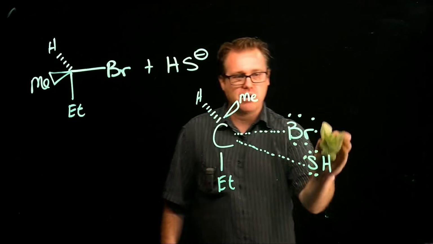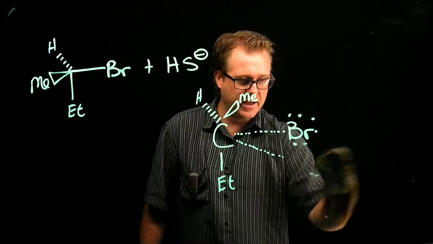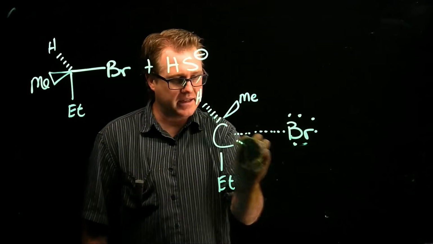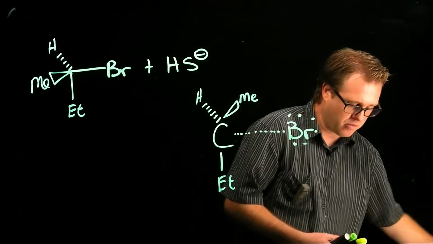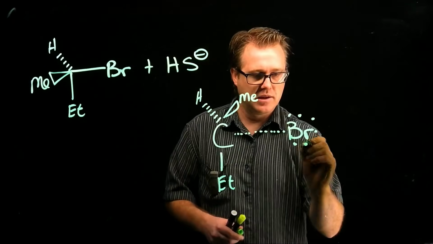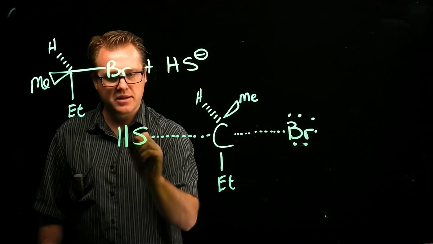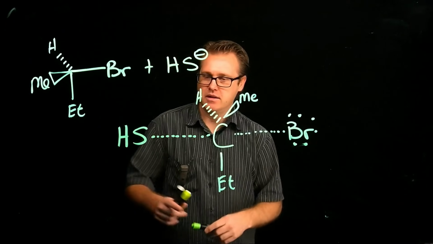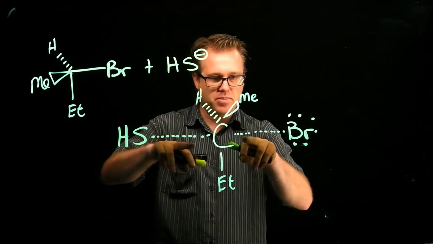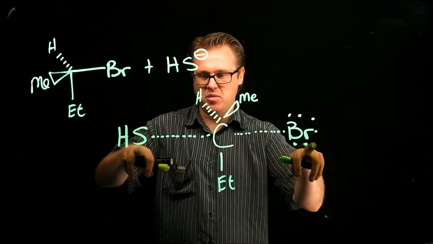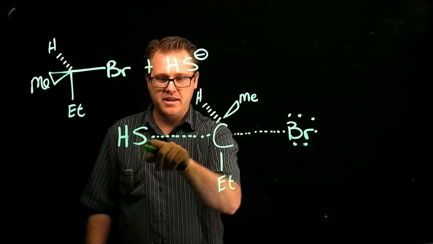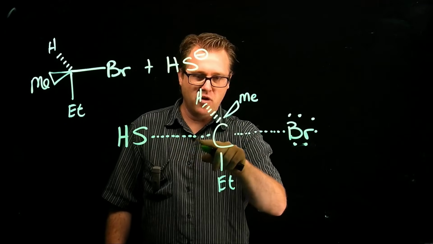But when you contrast the transition state to a backside attack, the way it really happens, you will see something that looks like that. Now, since these groups are 180 degrees from one another, you can see that the sulfur-carbon bond is forming.